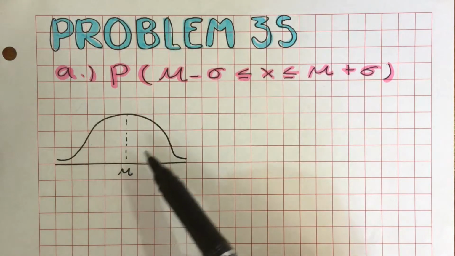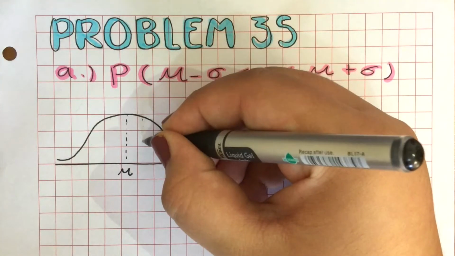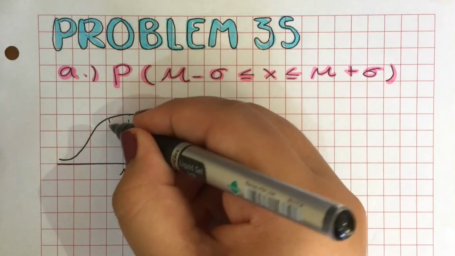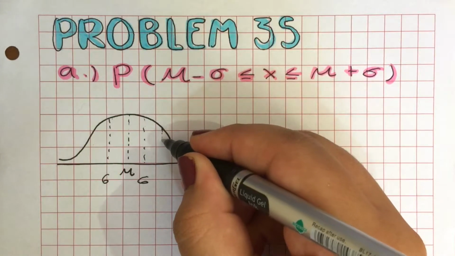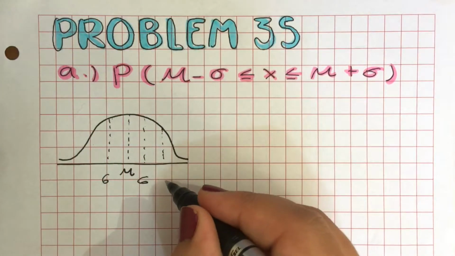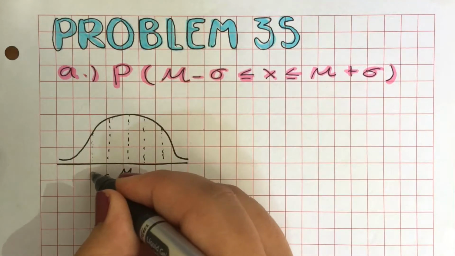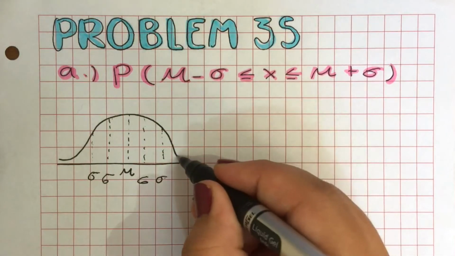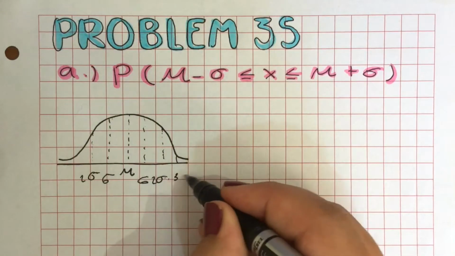And since the bell chart is always symmetrical, we know that from here we're gonna have the first sigma, and then we're gonna have the second sigma, and then we're gonna have our third sigma.